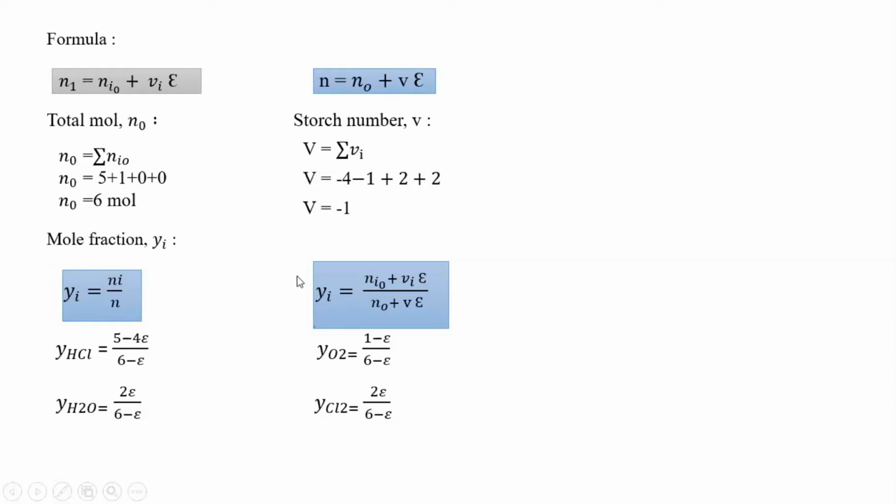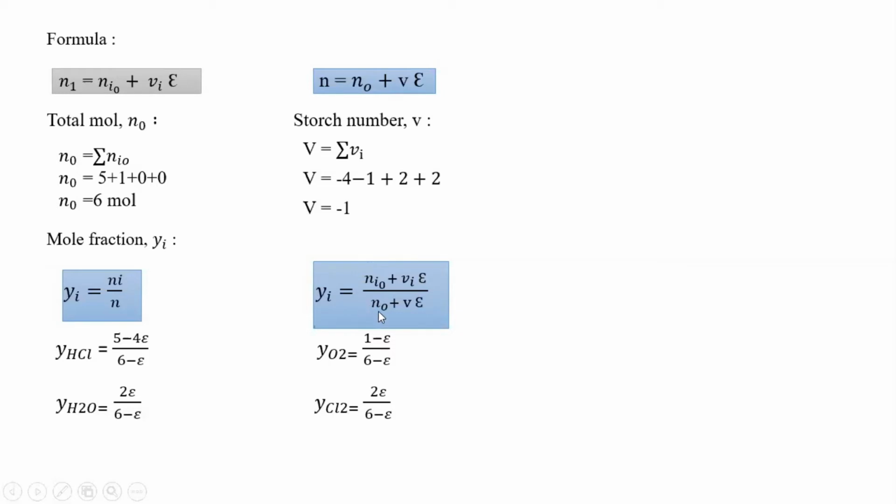In terms of reaction coordinate, yi is equal to the number of moles at initial state of the specific species plus the stoichiometric coefficient for that species multiplied with the extent of reaction, over n naught.